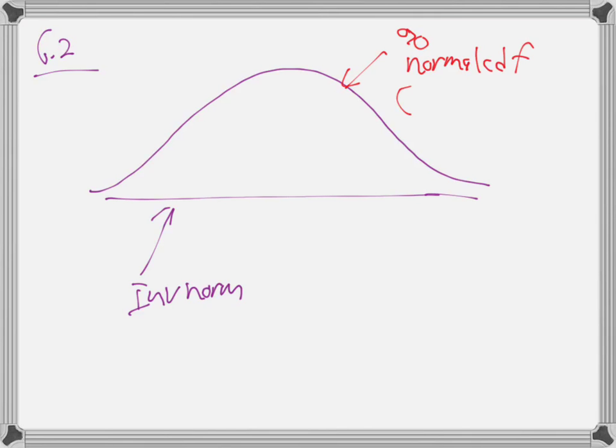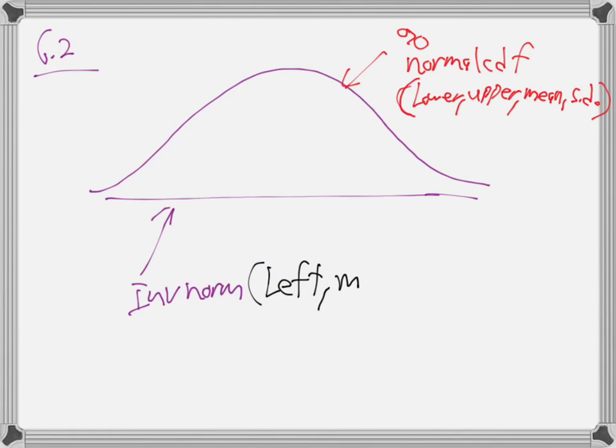Whenever you do normal CDF, you have to put lower, upper, mean, and standard deviation. And when you do inverse normal, remember how that works? You've got to put left, mean, and standard deviation.